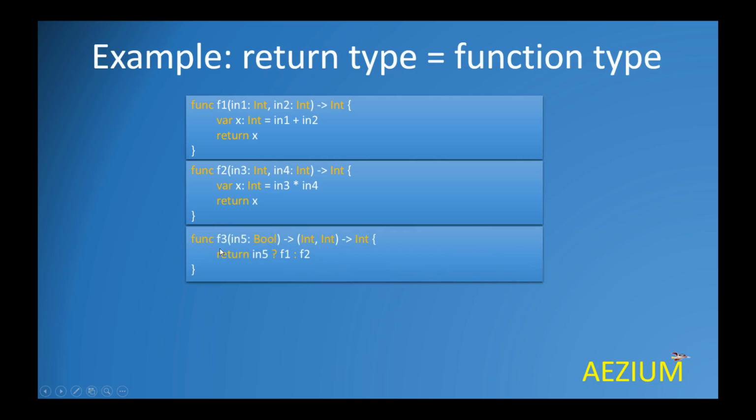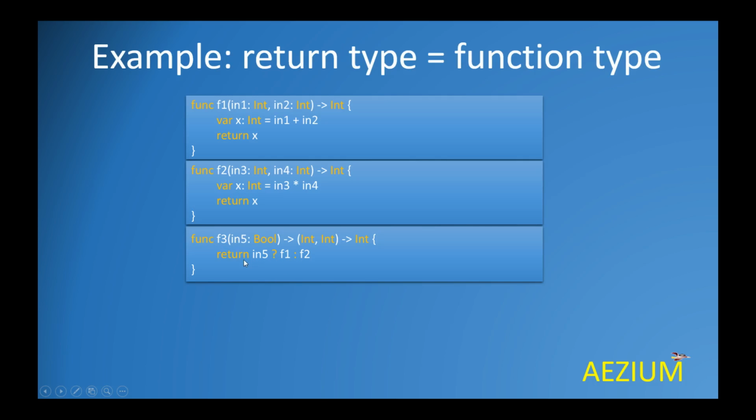Then f3 is a third function which takes one input parameter in5, which is of type Boolean, and it returns a function. The type of that function is defined by this format, which is similar to the function type of f1 and f2.